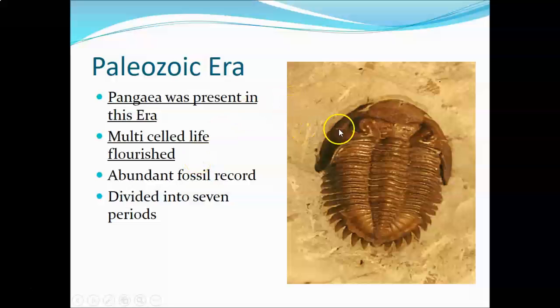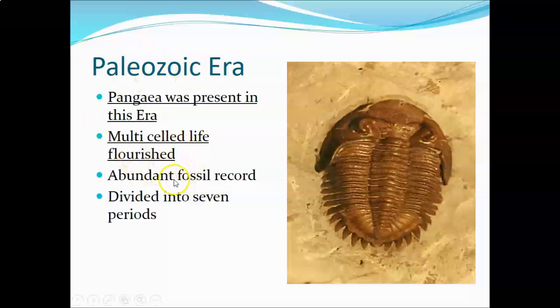Some of them are really small, and then the museum center has one of these guys that's about the size of your lab table. So pretty big at some point. They were very successful in getting large. There is an abundance of fossil records in our Paleozoic, because once again, these organisms started to become more developed. They started to form exoskeletons and other types of hard, solid body parts that were easily fossilized.